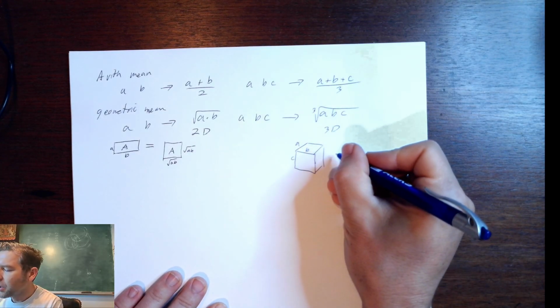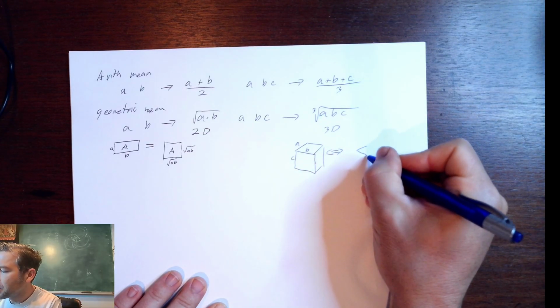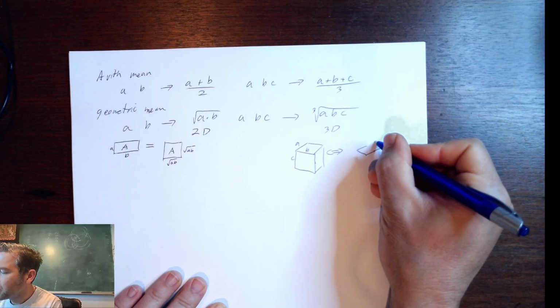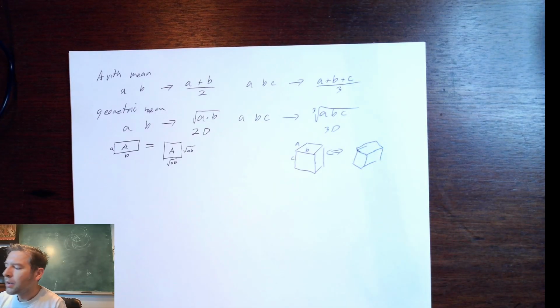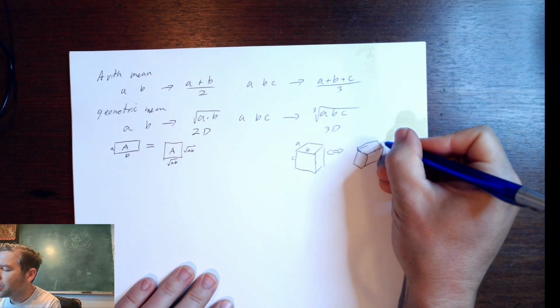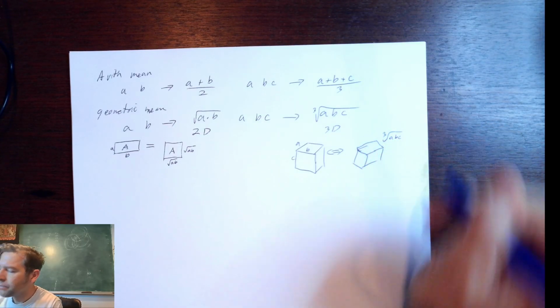And we could ask, what is the equivalent shape that's going to be a perfect cube? And the side length of that cube would be the cube root of ABC.